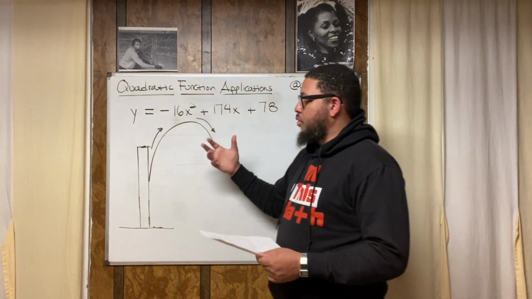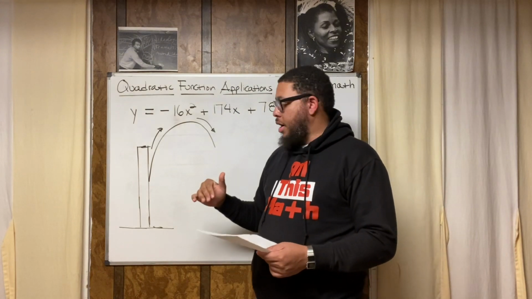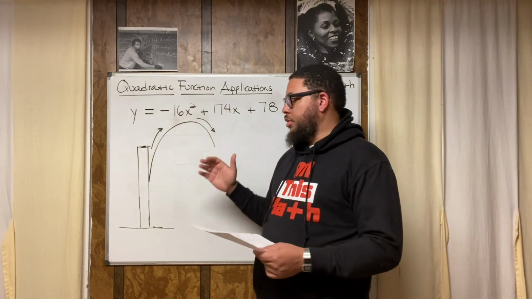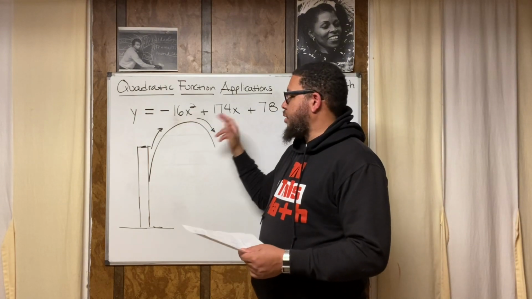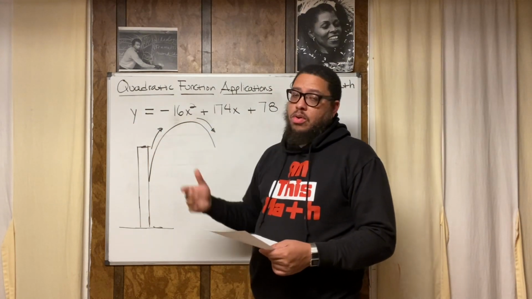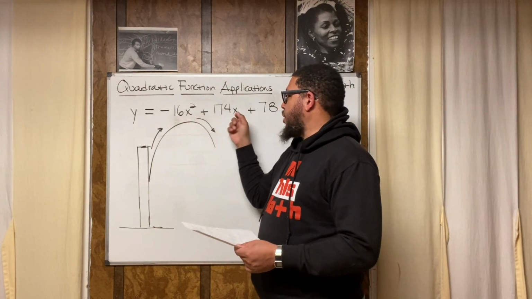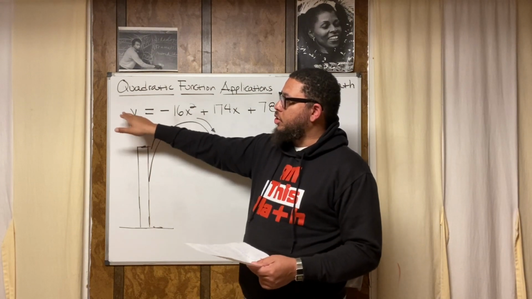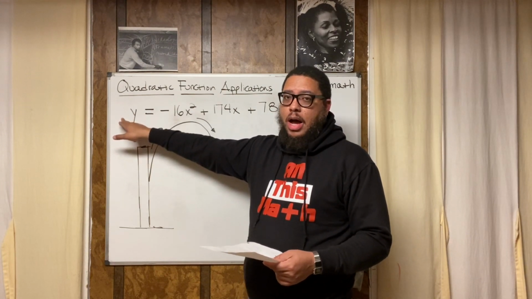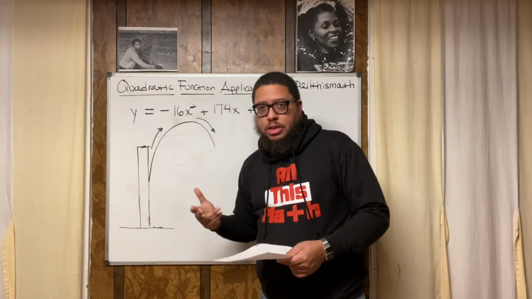And that number will be the height of the rocket at that point in time. Now this works for any amount of time. You can just plug in for x and figure out the height of the rocket. Or if you wanted to know the amount of time that has gone by after the rocket is at a certain height, you just plug in a certain number for the height, which is y, and then you solve for x. You know what I'm saying? So you just have to solve for x.